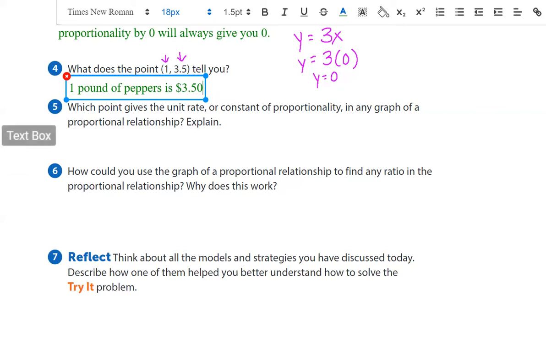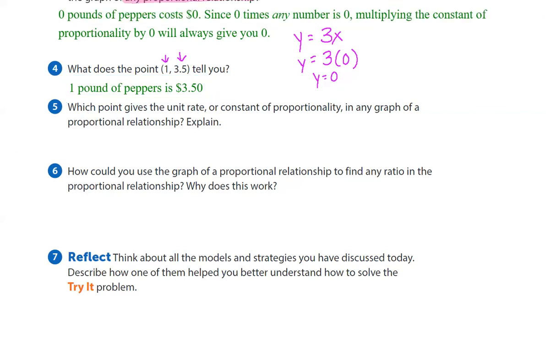Okay, number 5 here says which point gives the unit rate or constant of proportionality. So it's using these two terms interchangeably, because remember the unit rate is the per one, the miles per gallon, the dollars per pound. So that means per one, and that ends up being the same thing as the constant of proportionality. So they're kind of interchangeable terms there.